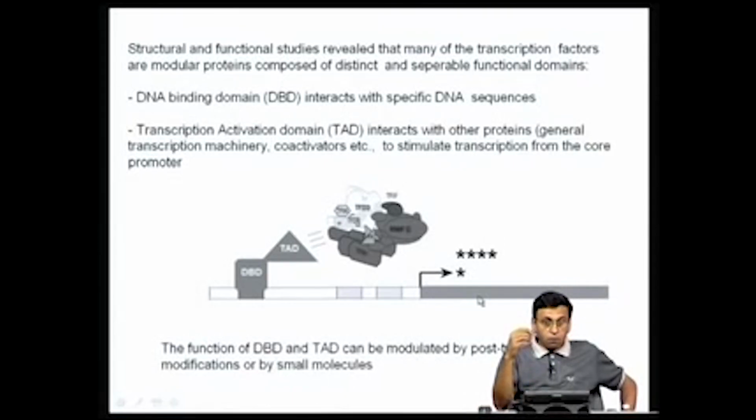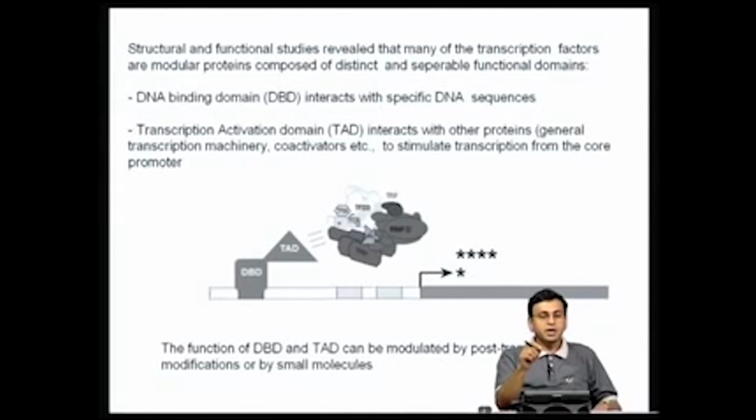We will study this a little later, but suffice it to know that the function of both the DNA binding domain and the transcription activation domain of eukaryotic transcription factors can also be modulated by post translational modifications. In the next few classes I will elaborate on many examples. Post translational modification of transcription factors is one of the major mechanisms by which transcription factor function is modulated in eukaryotic cells. For example, a transcription factor may be present in the cell, and it may even be binding to DNA, but it will not be able to activate transcription.